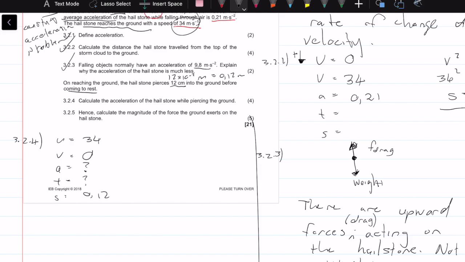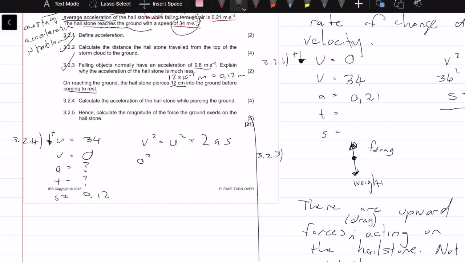Let's just define the direction to make sure we have everything correct. We're going to take downwards as being positive, and this goes 12 centimeters into the ground, so all the directions are correct. Then we can use the equation v squared equals u squared plus 2as.